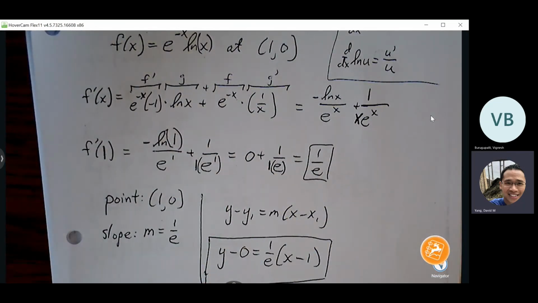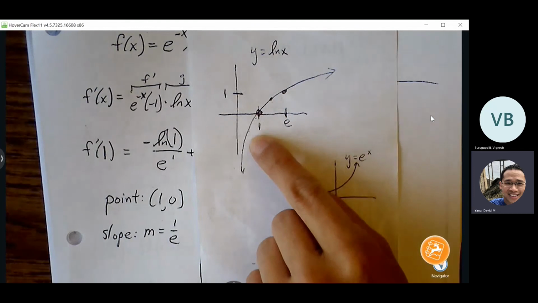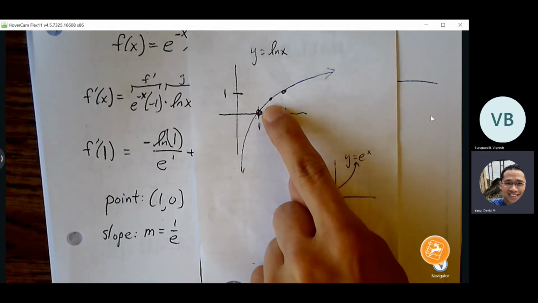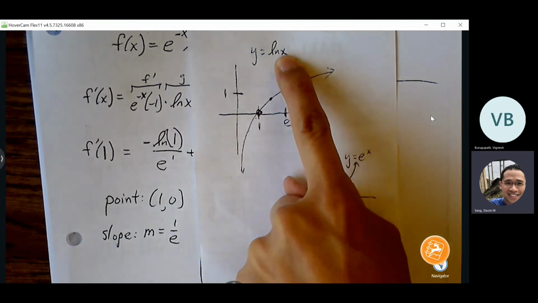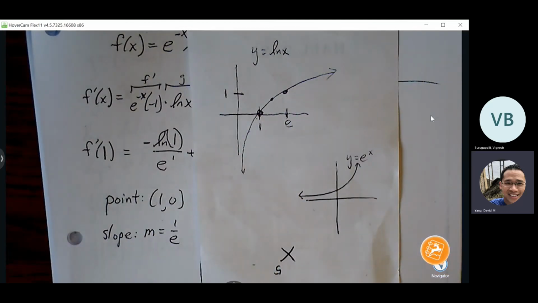Just memorizing that graph. So why is that graph important? This is going to be helpful for curve sketching as well, in order to approximate natural log of 1/2, natural log of negative 1/2. Yeah, this is a natural log graph, which doesn't look like much, but it provides a lot of information.